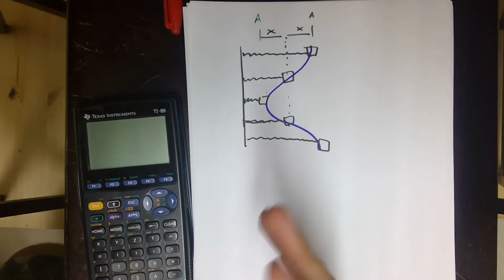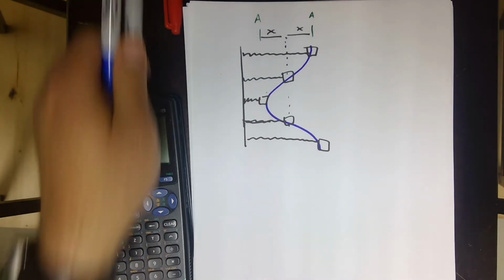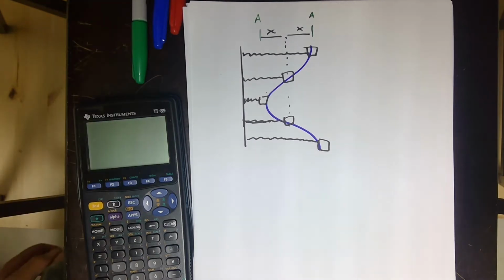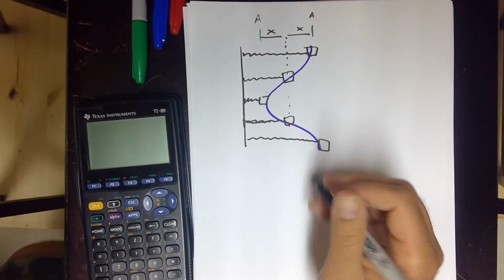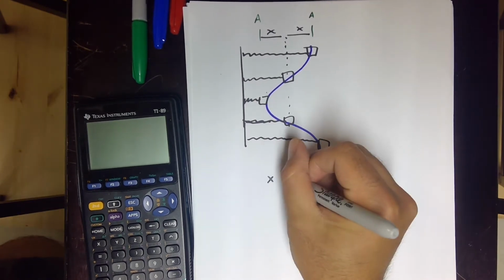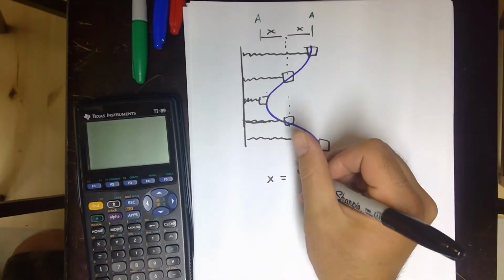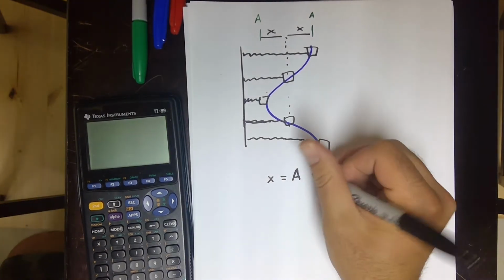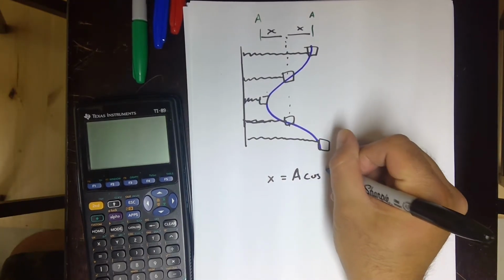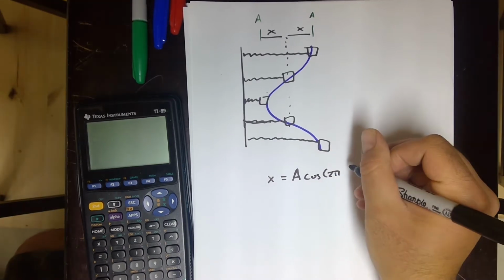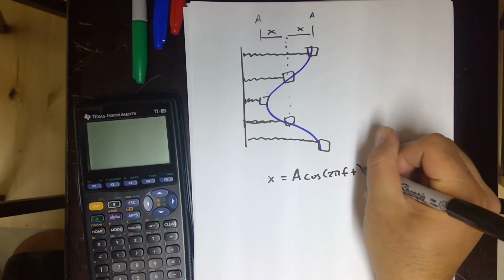If we take a look at that, this thing is changing position as a function of time, and we have a maximum amplitude there. We can model the position function as a function of time. x as a function of time is going to be equal to A times cosine 2 pi ft.